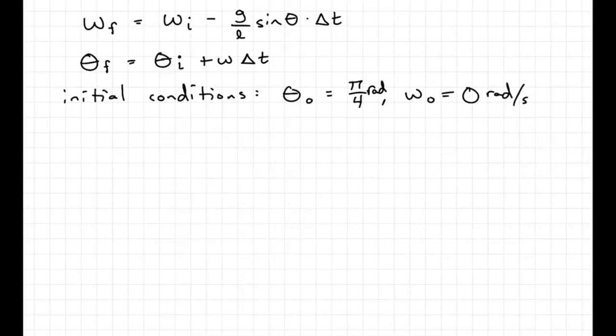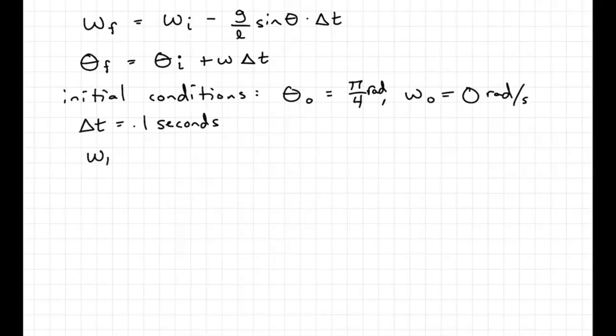Once we get into Sheets, it'll be easy to manipulate that value. But let's just choose a time step of 0.1 seconds. So every time we iterate, we're going to update the time by 0.1 seconds. Okay, so how do we do this? Let's say I want to find omega 1, which will be my first calculated value of omega.